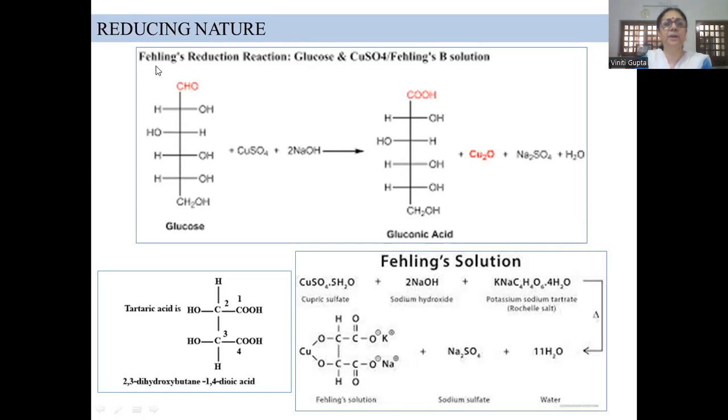Here I have written a Fehling's reduction reaction where glucose reacts with Fehling's reagent and forms gluconic acid.